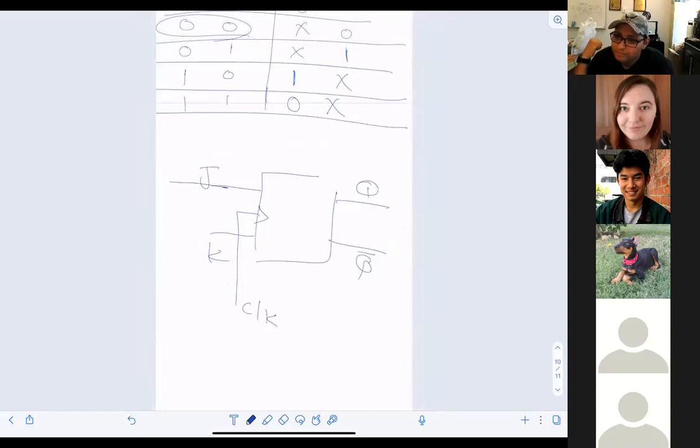Do you guys agree? 4 states, right? If I take J and connect it to a NOT gate and connect that to K, guess what? This is the D flip-flop. What I did literally, I looked into my table of JK and took the states that are 1, 0 and 0, 1. Do you guys agree?